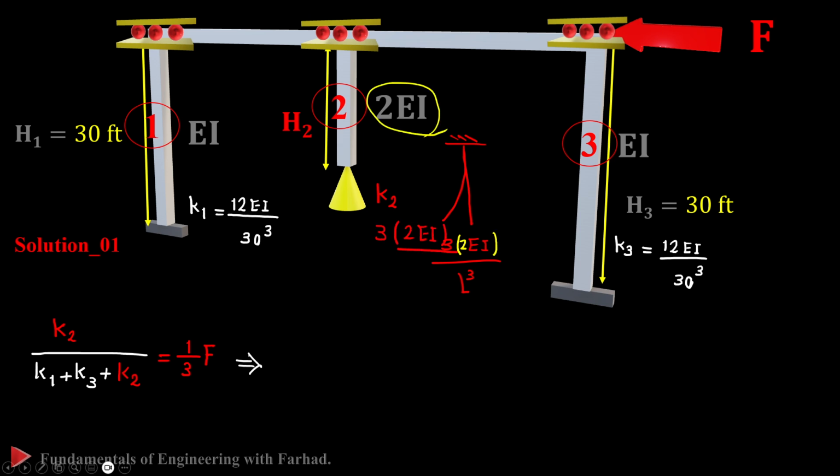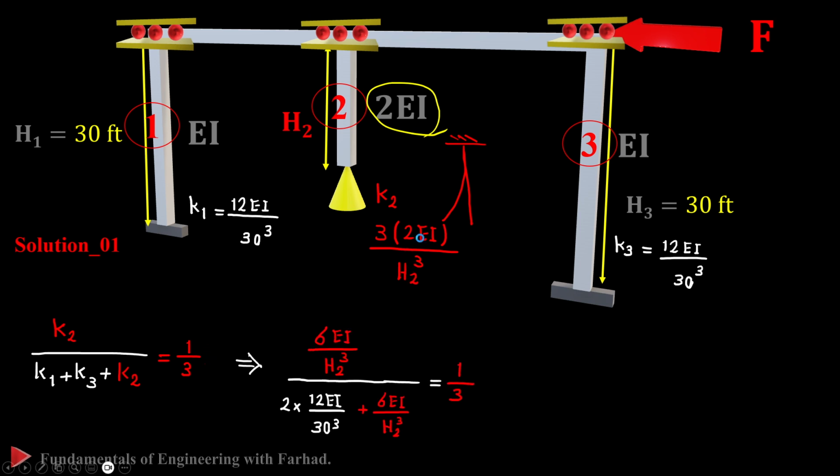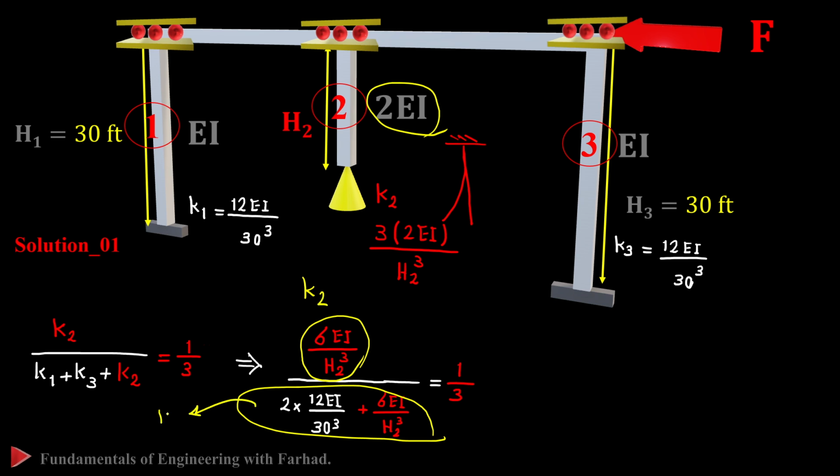So K2 is equal to 6EI over H2 cubed. We place K2 in the numerator, because we are looking for H2, and this is K total.